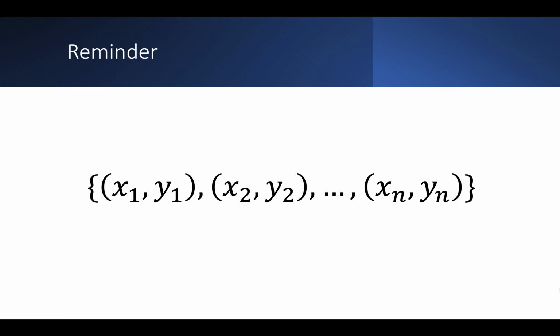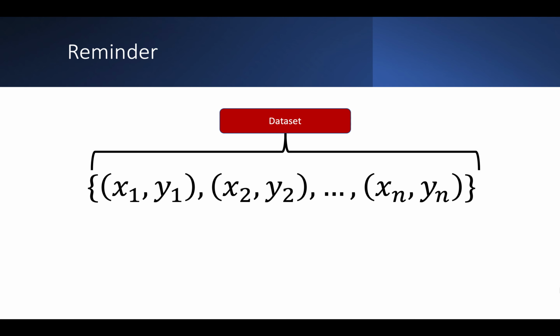I hope you still remember from the previous lectures that a dataset is the collection of labeled examples, xi and yi, for n samples, as you see here, and each element xi in here, for example, x1, is called a feature vector.